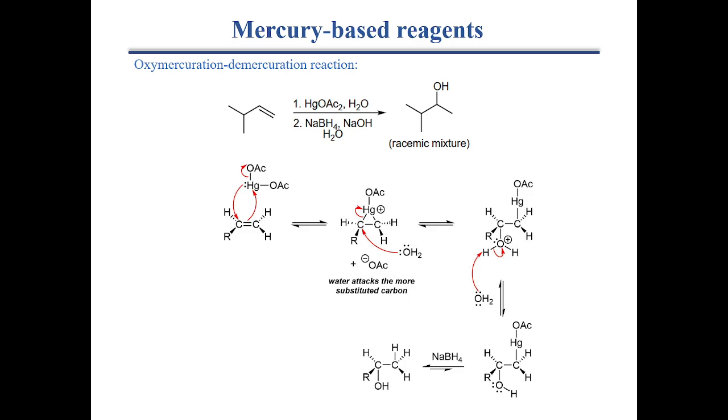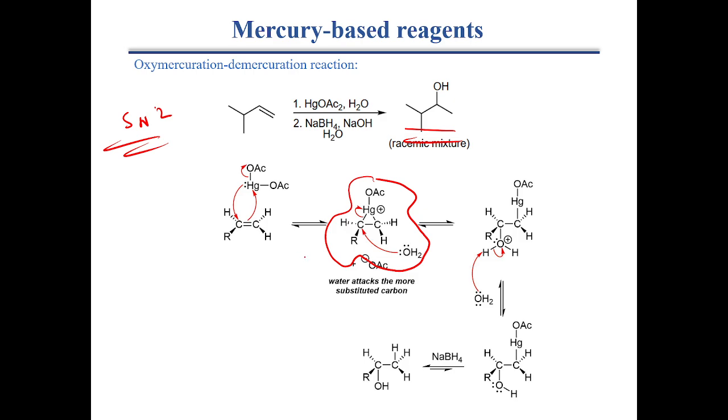Now I am going to discuss the oxymercuration demercuration reaction. So this goes through an SN2-like pathway. In the presence of mercuric acetate and NaBH4, we get this alcohol. So what happened in this case? The alkene undergoes reaction with the mercury to form the mercuriated cyclopropane product.